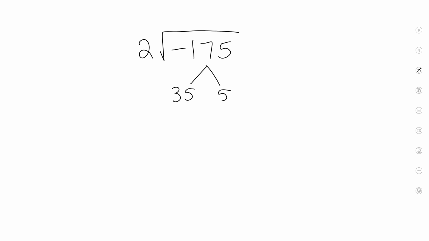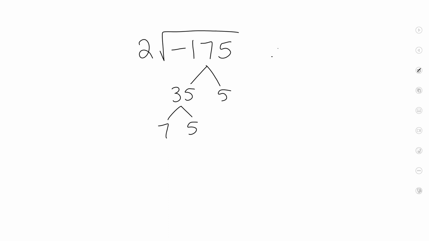Okay, can you read me number 12, please? 175. Okay. Can y'all give me two numbers that multiply to 175? 35 times 5? Okay. Let's break down 35. Two numbers. 7 and 5. Perfect.